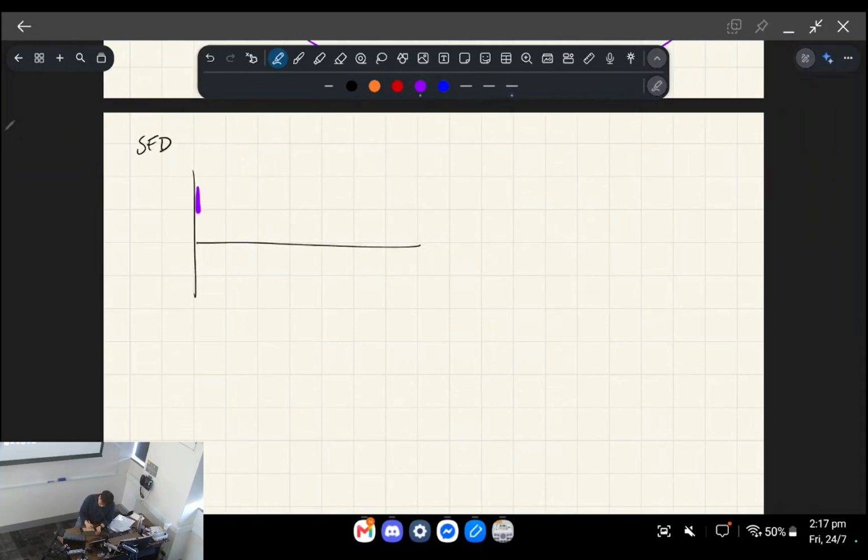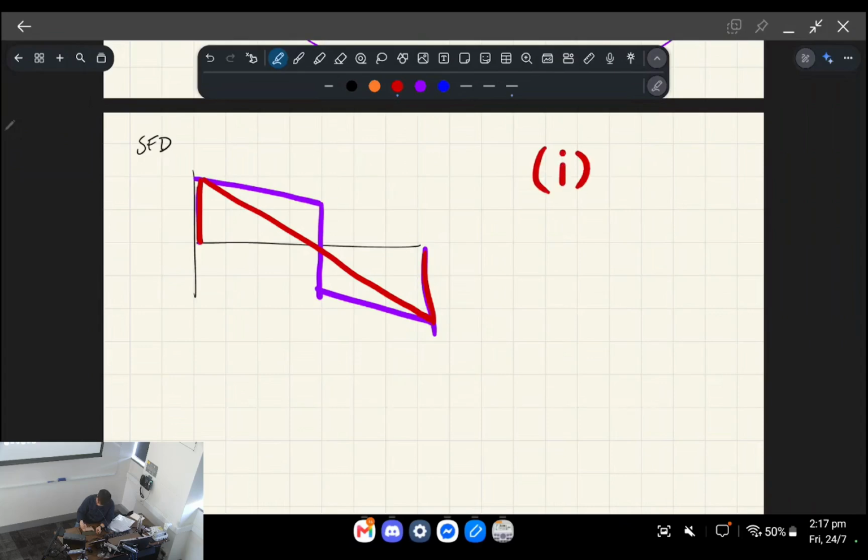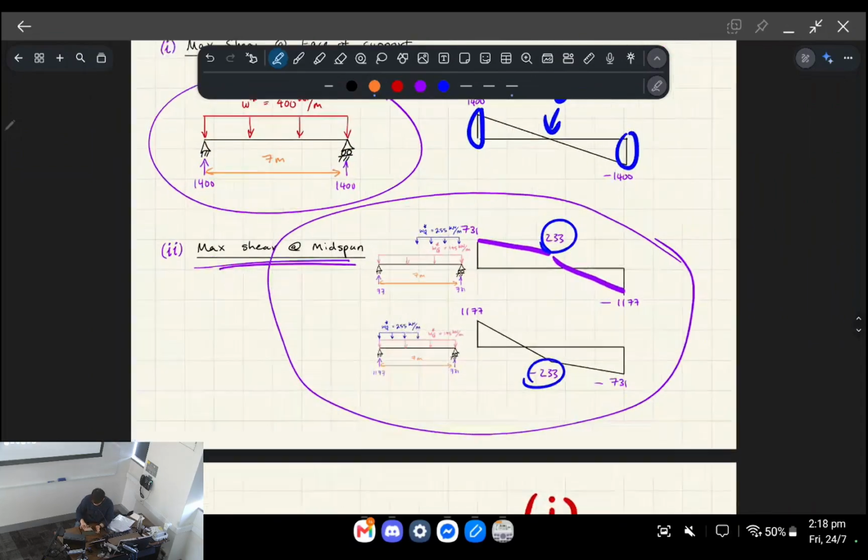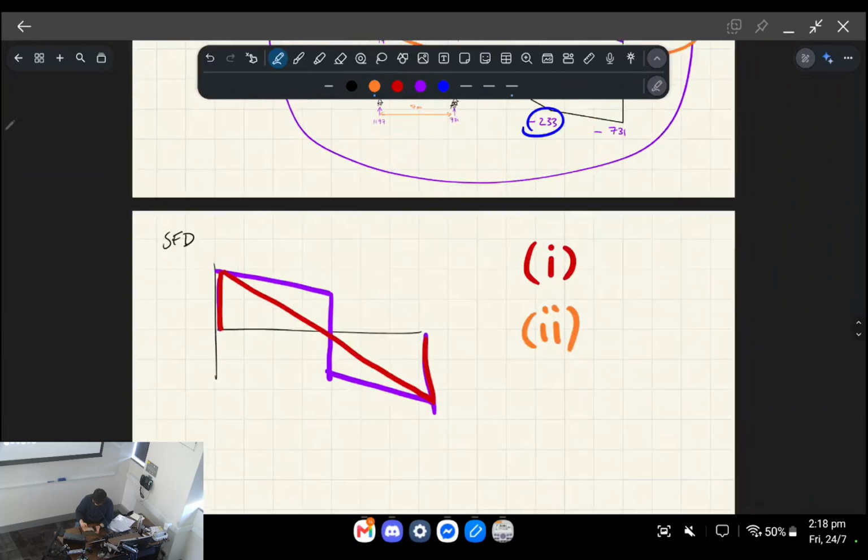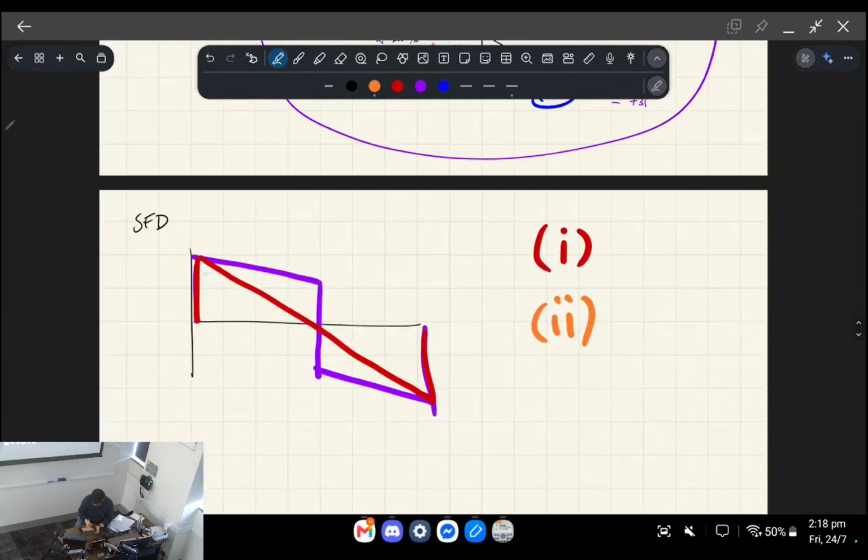Okay, so here's the shear force diagram, right? So our shear force envelope looks something like this, okay? All right, and the first loading case that you saw, right, scenario 1, let's say, is the one in red, okay? Scenario 2, right, which was only applied over half the beam, let's say this one, looks like this. Something like that, okay? And then, what color?